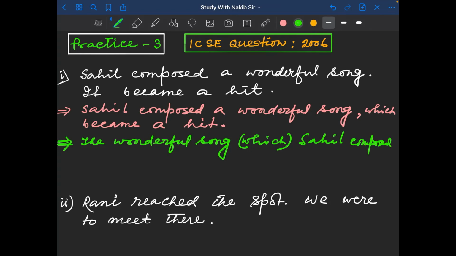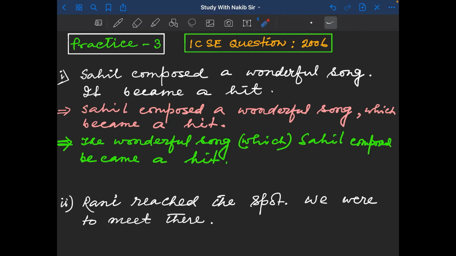So which is here the object of this verb. So which is generally dropped, it is understood. For this which is kept here within bracket, no need of writing this. So the wonderful song Sahil composed became a hit. So these are your combined sentences.